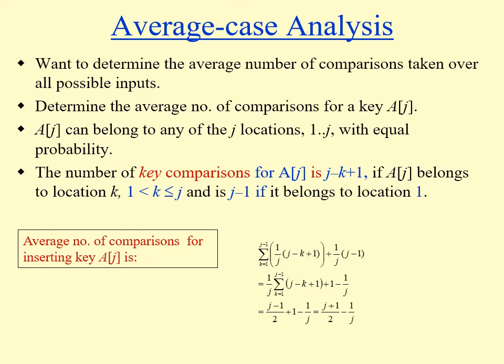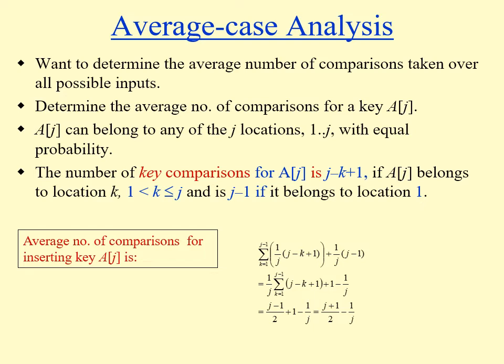So the average number of comparisons for inserting key AJ is sigma K from 1 to J minus 1, which means it can be any position from 1 to J minus 1, and then each chance is 1 over J, and the number of key comparisons is J minus K plus 1.